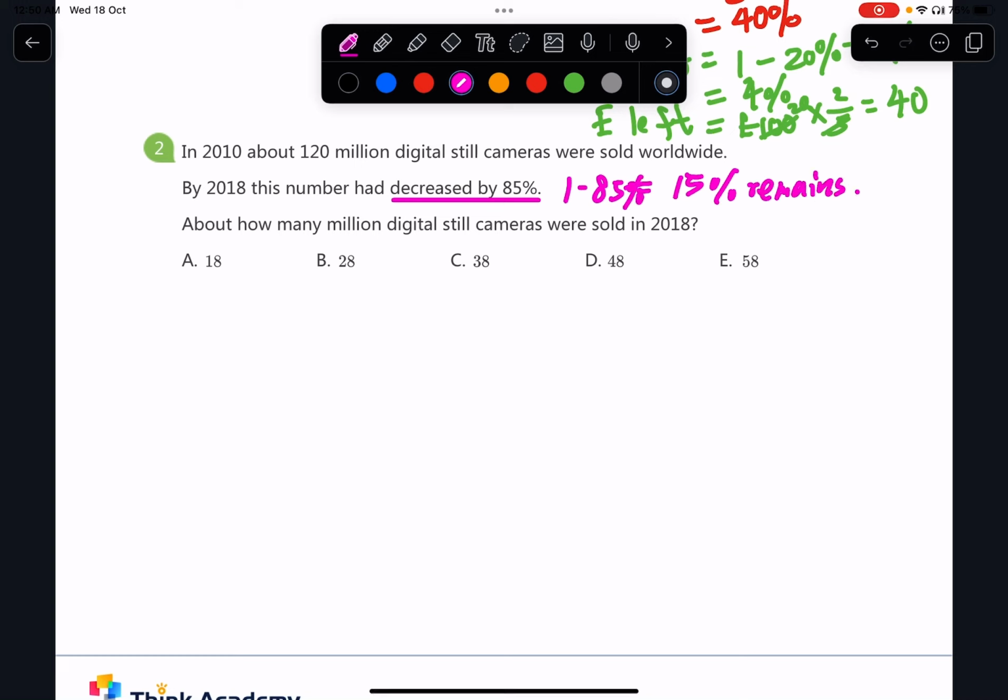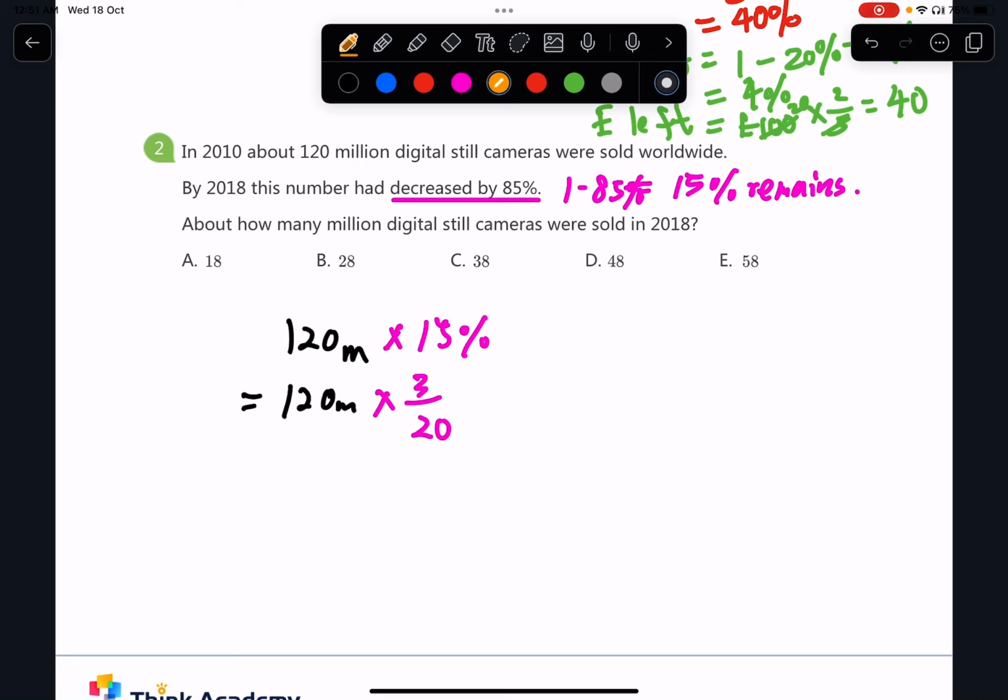So I want to find out what is 15% of 120 million. That is very easy. We just do 120. The unit is million, so I don't really have to write down the million. I just treat it as 120 M, okay? And I multiply it with 15%. When you multiply by 15%, you can change it into a fraction first. It should be 15 out of 100, and when you simplify it, it should be 3 out of 20.